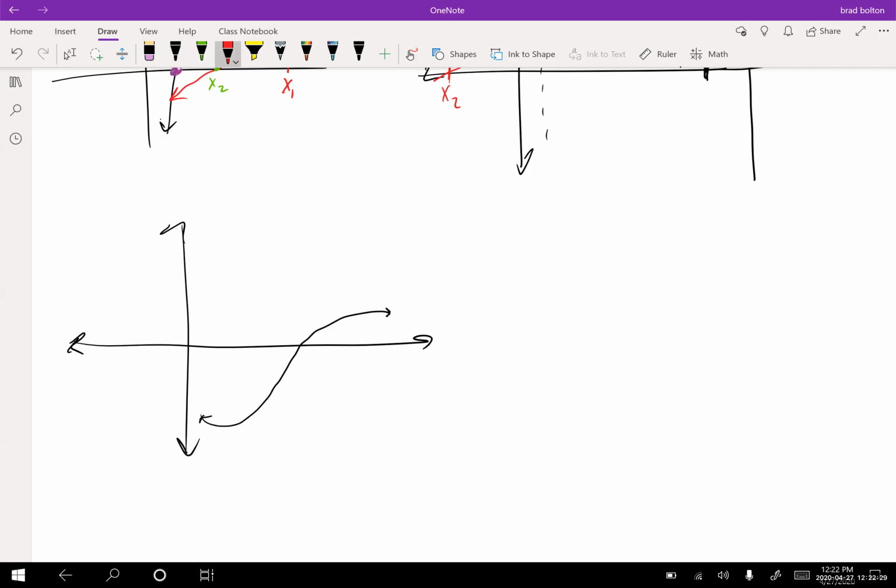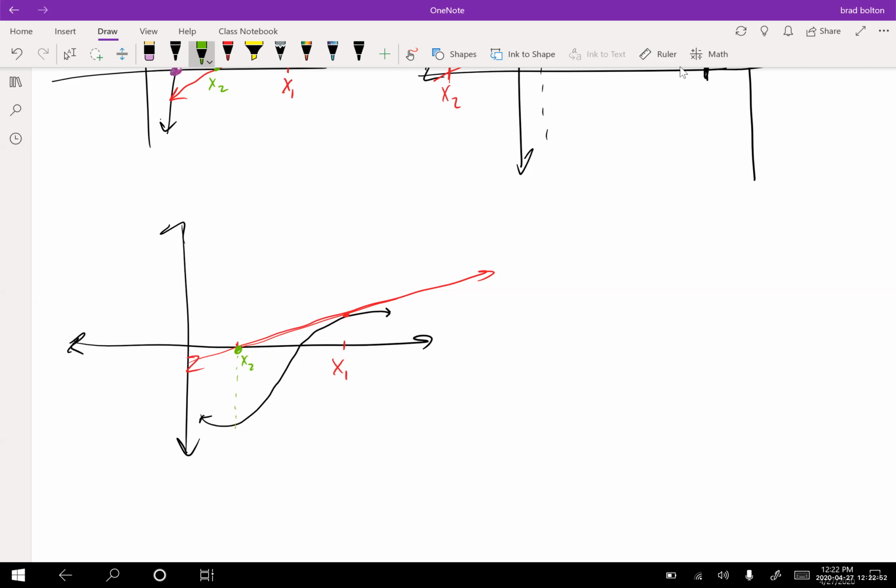Let's say we choose our x1 to be right here. That means right there, we're going to draw our tangent line, and it's going to go through right there. And then this is now my x2, right?